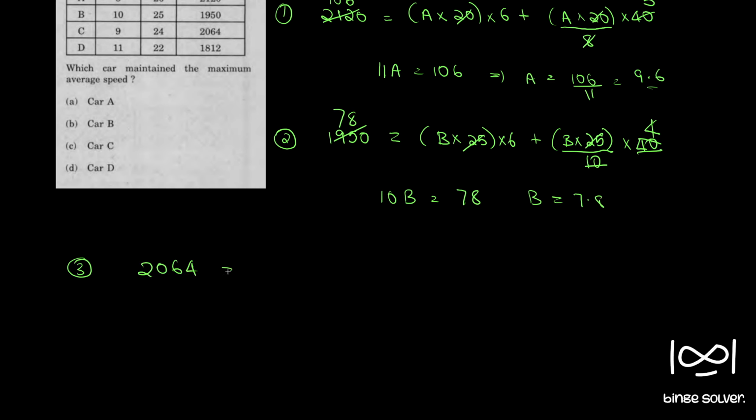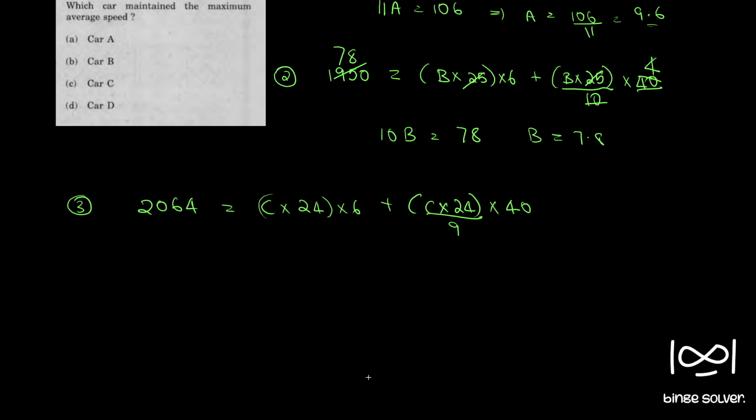2064 is equal to C into 24, into 6 plus C into 24 by 9 into 40. Here I am assuming, since this term was divisible, we'll try dividing with 24.